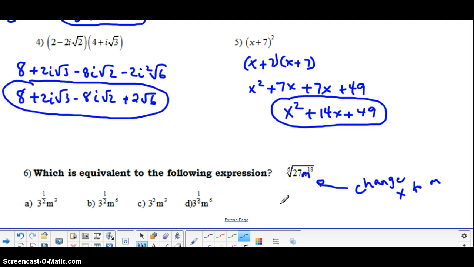All right, number 6 says, what is equivalent to the sixth root of 27m to the 18th? And I'm looking at my answer choices. Anytime you have multiple choice on the Ecart, that's a good strategy. Look at your answers and see if you can eliminate any, and also see where they're going.